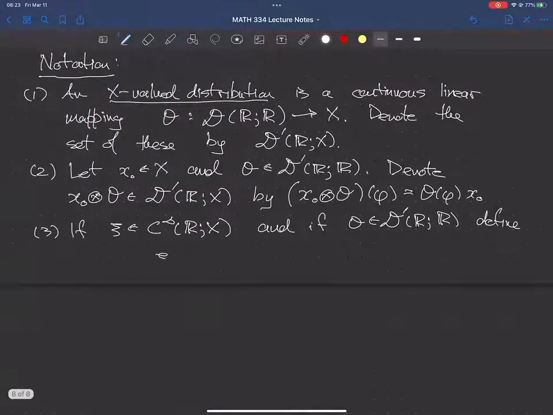It's going to be C tensor theta. Theta is scalar valued, C is X valued, so the tensor product here is going to be X valued, so it's going to be D prime of R, X, and it's going to be defined like this.